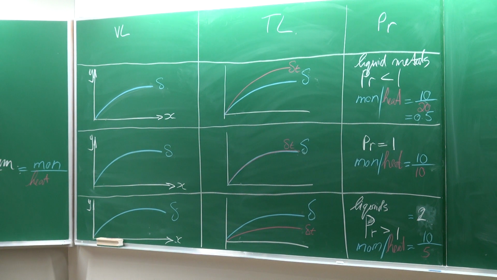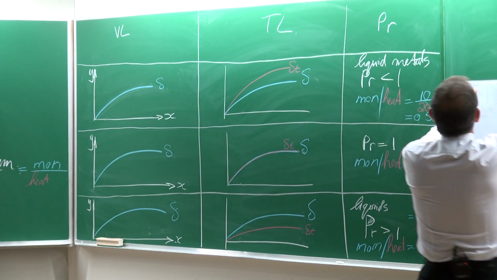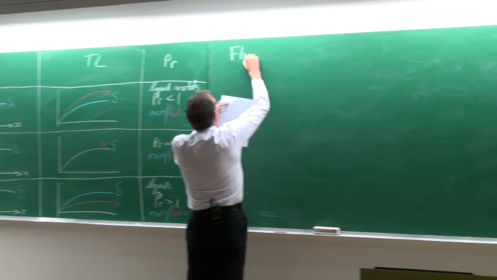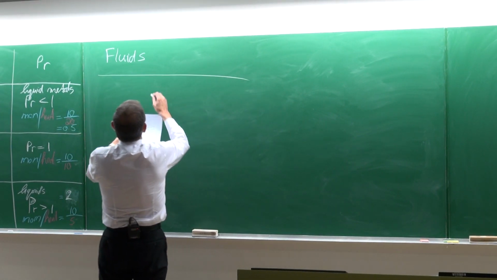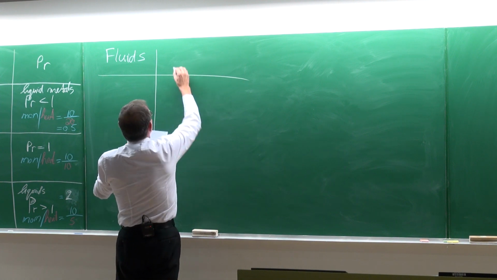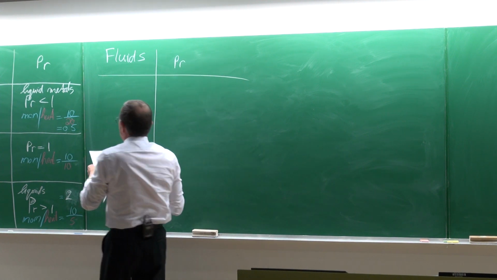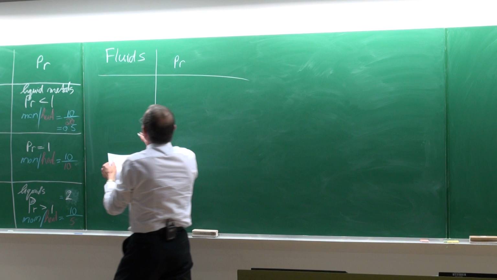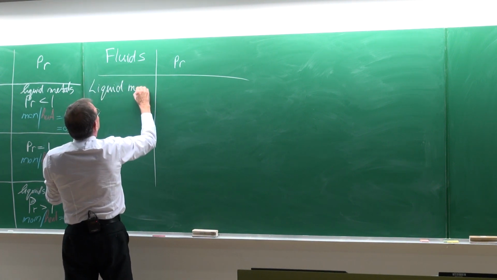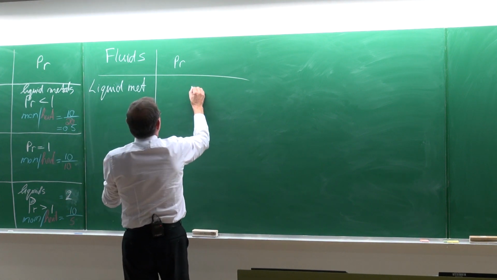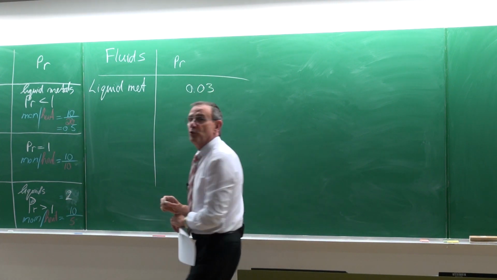Okay. In terms of fluids, just to give you an indication of Prandtl numbers, at the end of this semester, you will have a better feeling for it. So for liquid metals, typically the Prandtl numbers are on the order of 0.03.